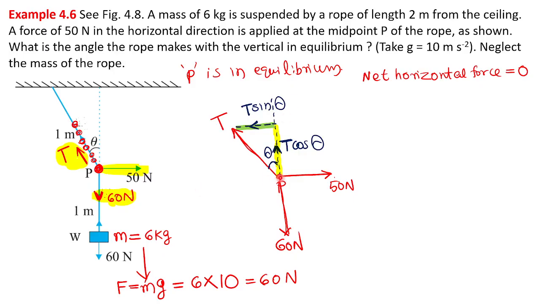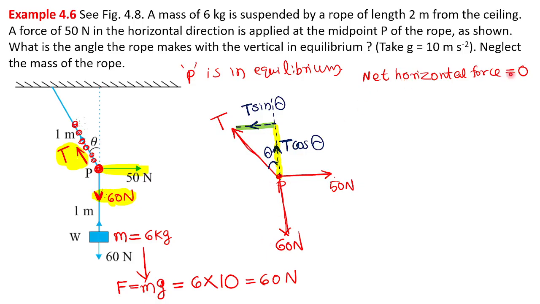Will the P move towards right or left? No. P is neither moving towards left nor towards right. So P has a horizontal equilibrium. Horizontally P is not moving, so the total force in the horizontal direction is 0. If there is some horizontal net force, P will be moving towards right or left.